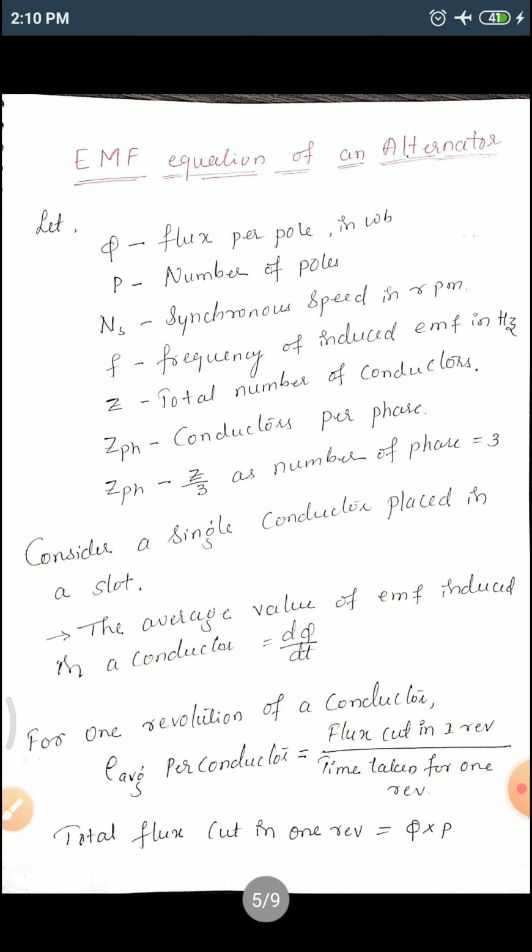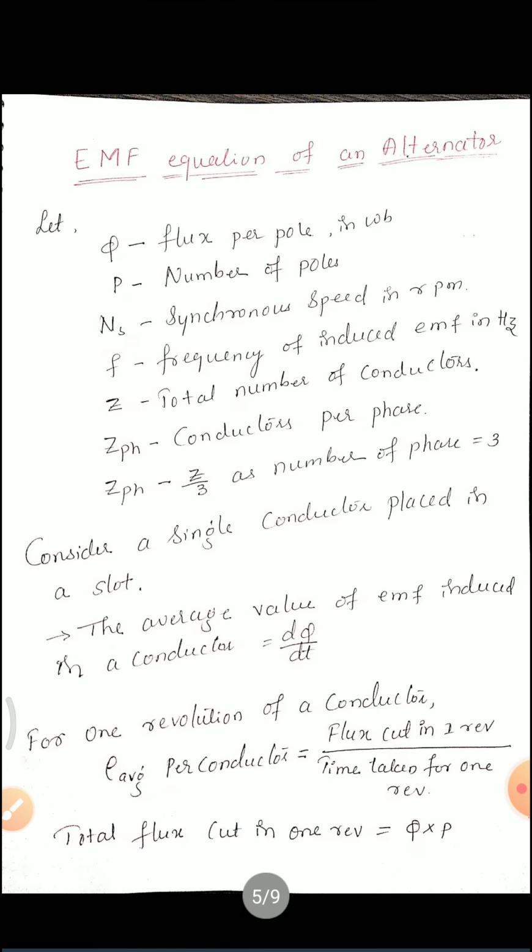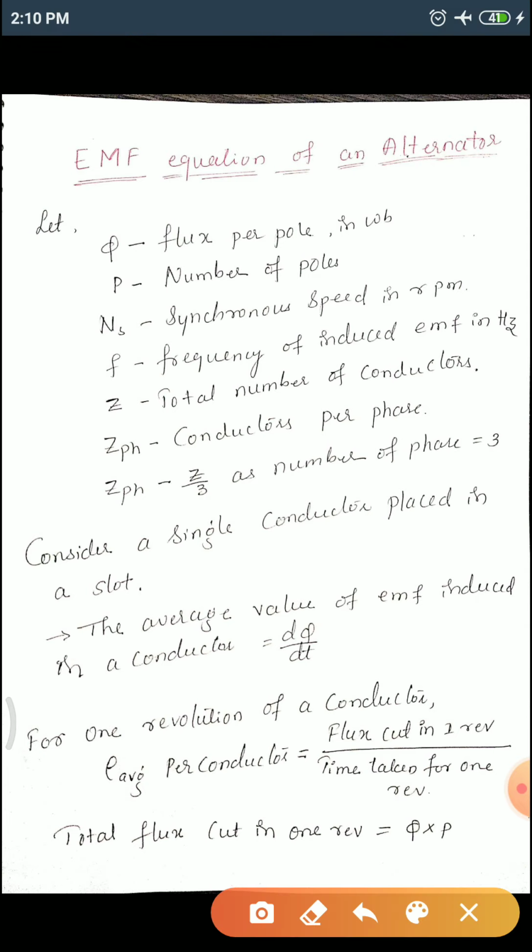Now let's see the EMF equation of an alternator. To derive that equation, let phi be the flux per pole in Webers, P the number of poles, Ns the synchronous speed in RPM, and F the frequency of the induced EMF in Hertz.